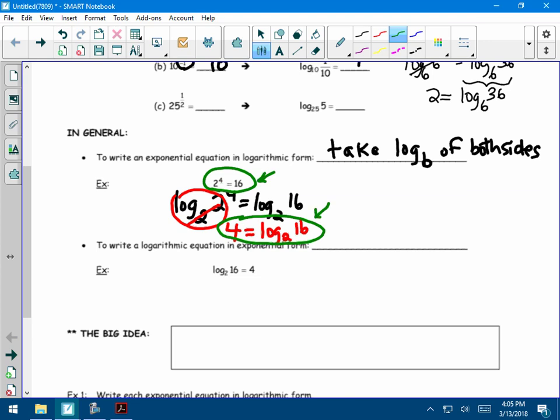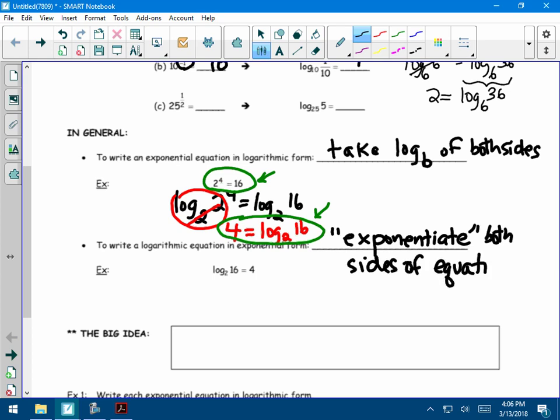They're just written in exponential form here, logarithmic form here. So to go the opposite direction, from a logarithmic equation to exponential, we're going to say that we exponentiate both sides of the equation. So here, to get rid of log base 2, we're going to use the 2 there.